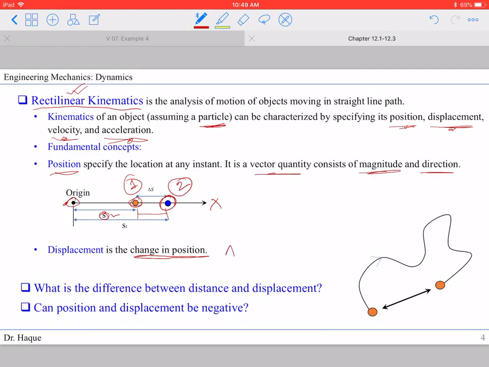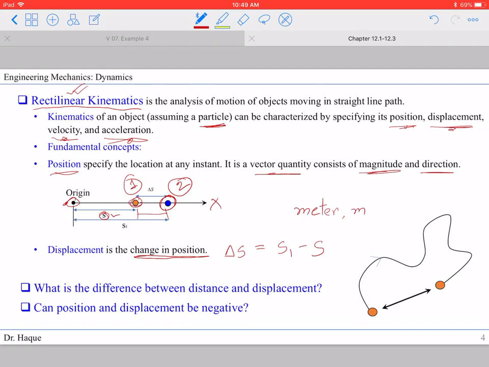We can denote it by delta s, which could be s1 minus s. The unit for position and displacement can be meters, m, or feet, either one.